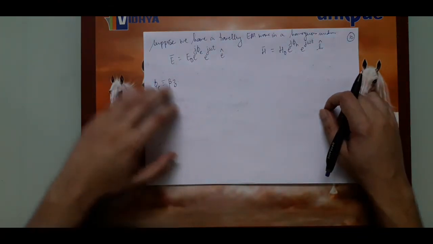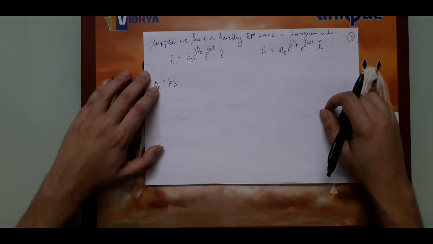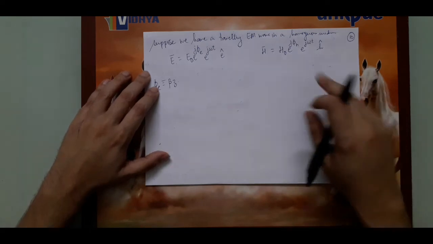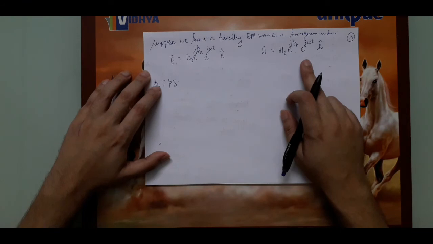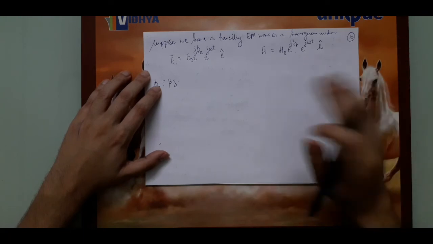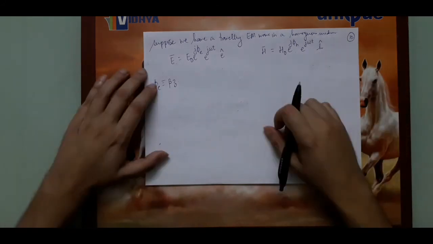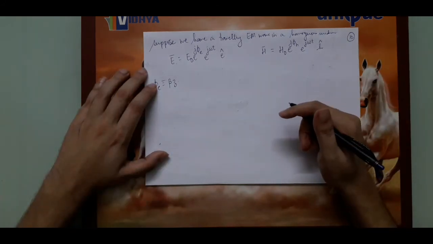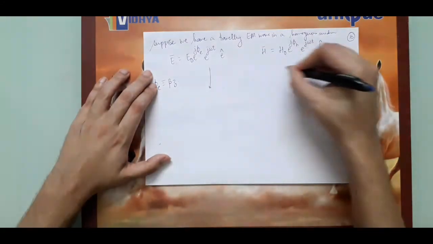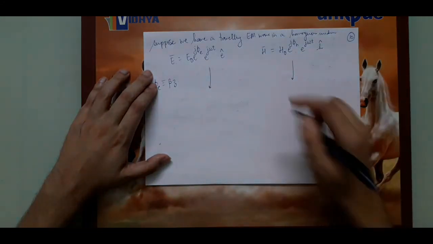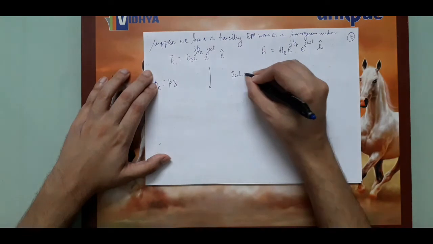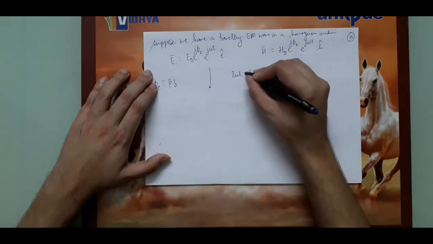Now let us try to calculate the instantaneous power, that is the power at any point of time or time instant. We can convert these into sinusoids by taking the real parts.